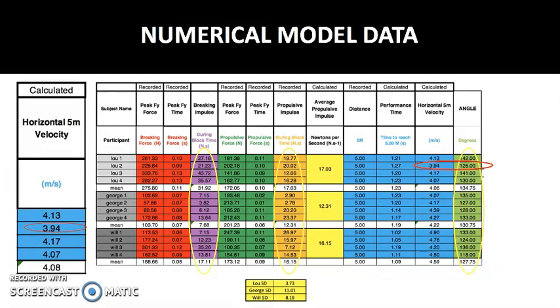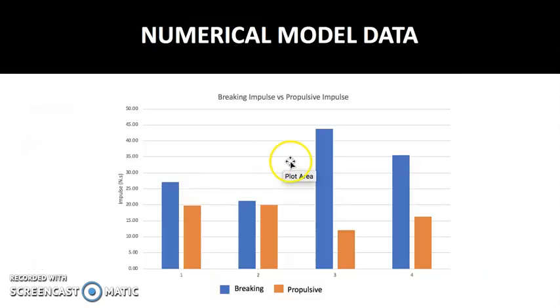If we move on to have a closer look at this, you can see that throughout every single sprint, the braking impulse is actually higher than their propulsive impulse. Now in a sprint, the performer would want to have a larger propulsive impulse than the braking impulse. So you can see here that there must be something wrong with the technique of the performer.